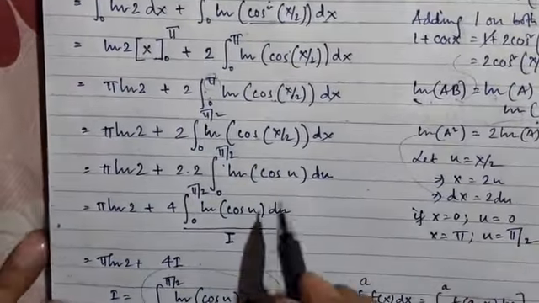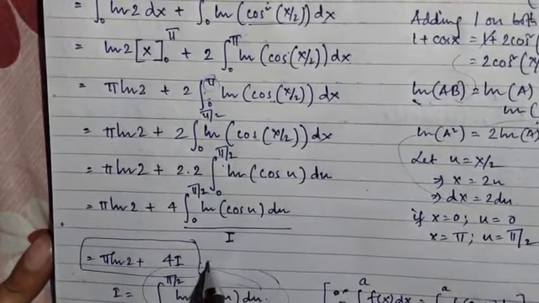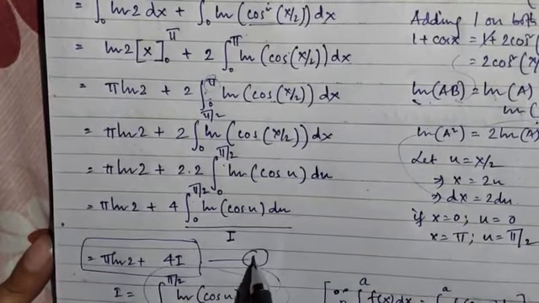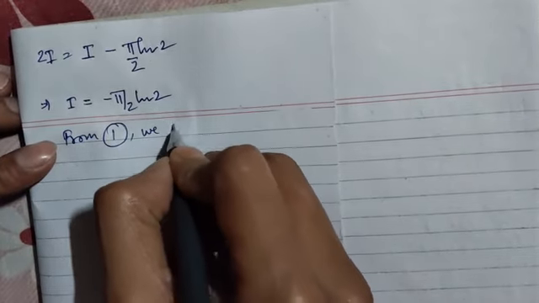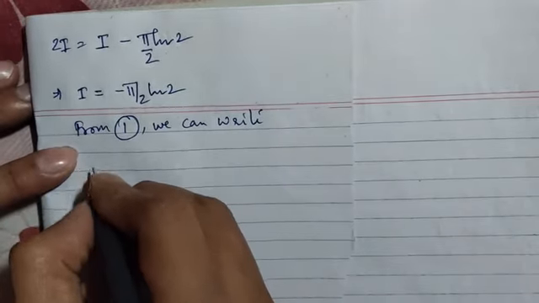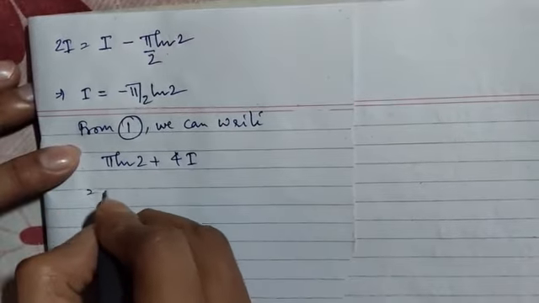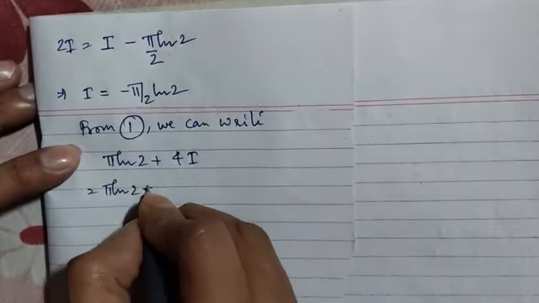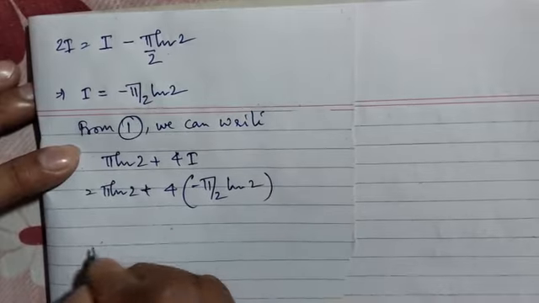Now if you remember, we have pi ln 2 plus 4I. Suppose this was termed as 1. From 1 we can write pi ln 2 plus 4 into I, where I is minus pi by 2 ln 2.